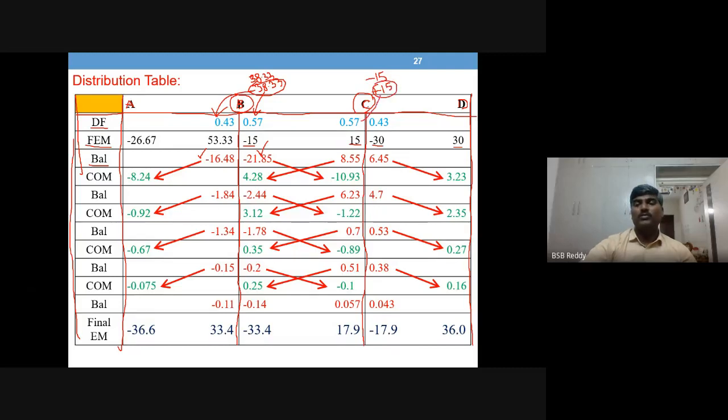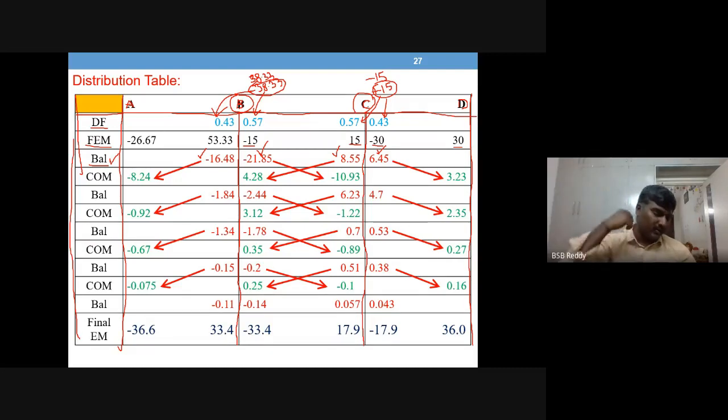So how do you distribute it? Plus 15 into 0.57, this value. Plus 15 into 0.43, this value. Okay. So this completes balancing activity. Balancing is completed. Okay, we have balanced the joints.